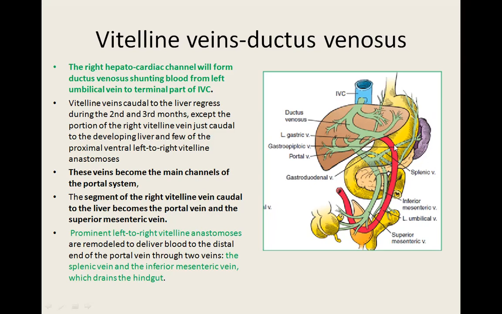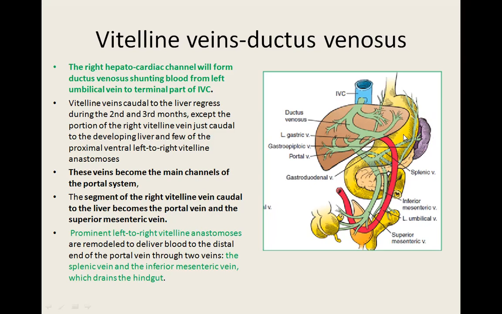The prominent left to right vitelline anastomosis is remodeled to deliver the blood to the distal end of the portal vein through two veins. One is the splenic vein, which drains the blood from the developing spleen, and the other is the inferior mesenteric vein, which drains the blood from the hindgut.